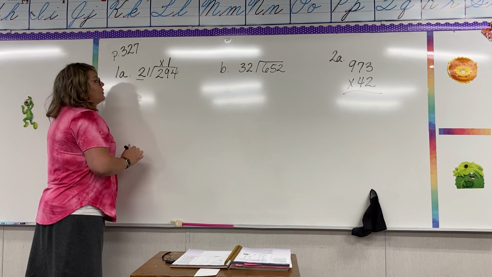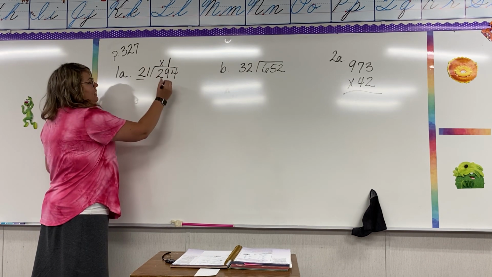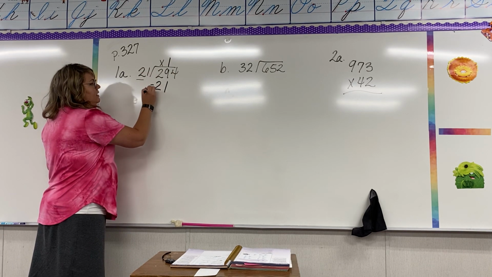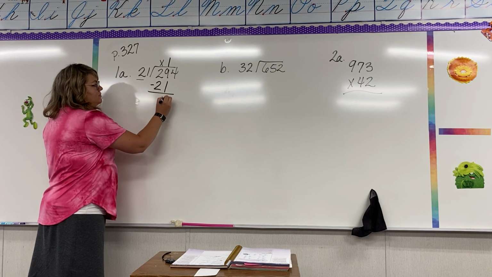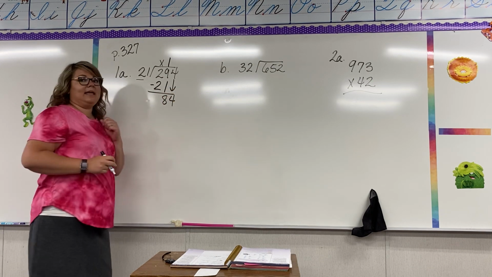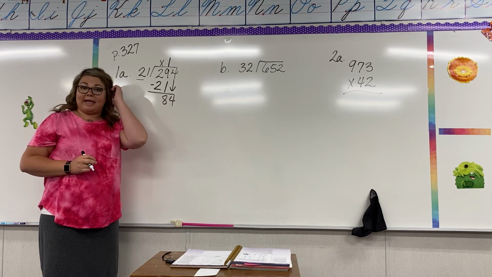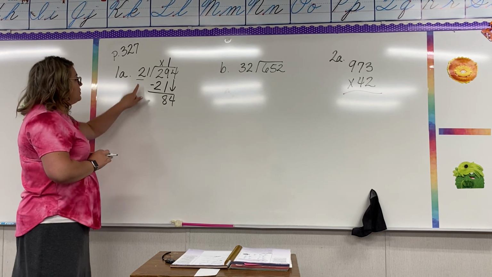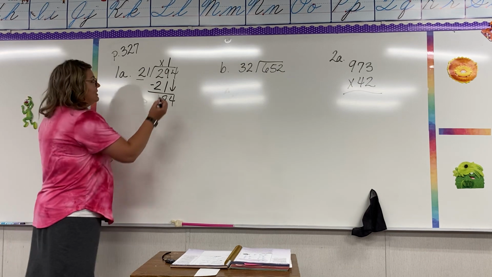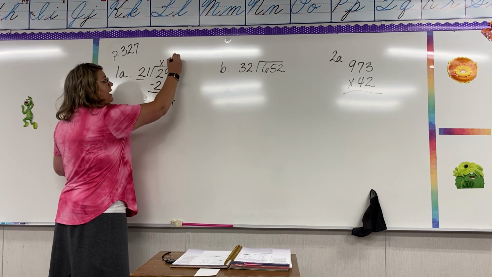So now let's multiply. 1 times 1 is 1. 1 times 2 is 2. Subtract. 9 minus 1 is 8. Bring down my 4. Now, again, we are going to estimate. So we're going to ask how many times will 2 go into 8? And you know that 2 goes into 8 4 times.